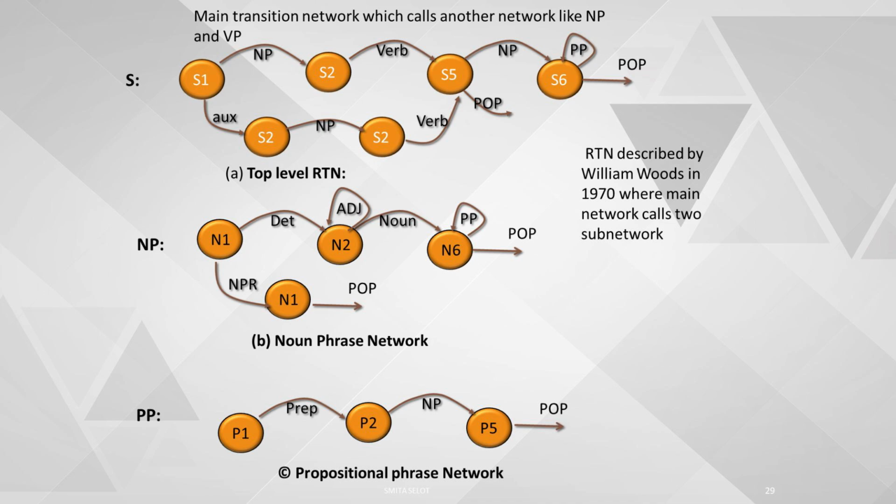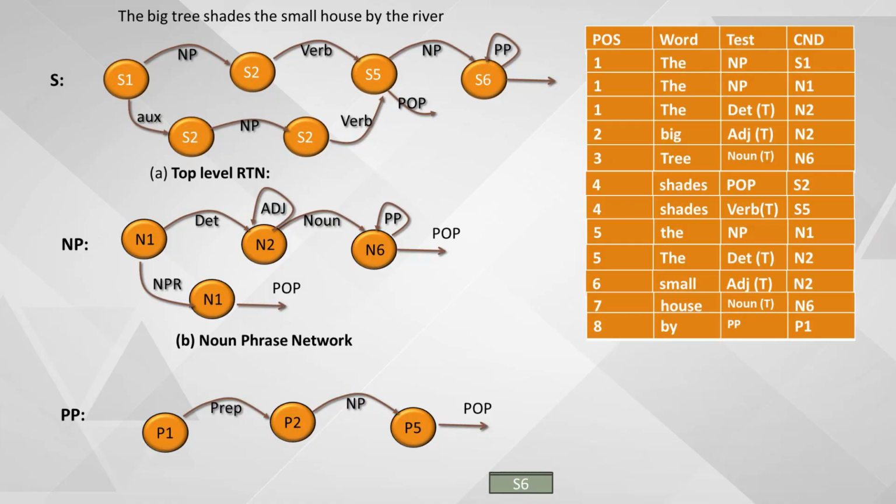So, what type of sentence will be processed using this recursive transition network? Let us take an example: The big tree shades the small house by the river. The big tree is a noun phrase. Whenever this sentence goes through the main transition network S, it starts from S1. The big tree is a noun phrase, so it will go to the NP network. After successfully coming from there, it will end in S2.